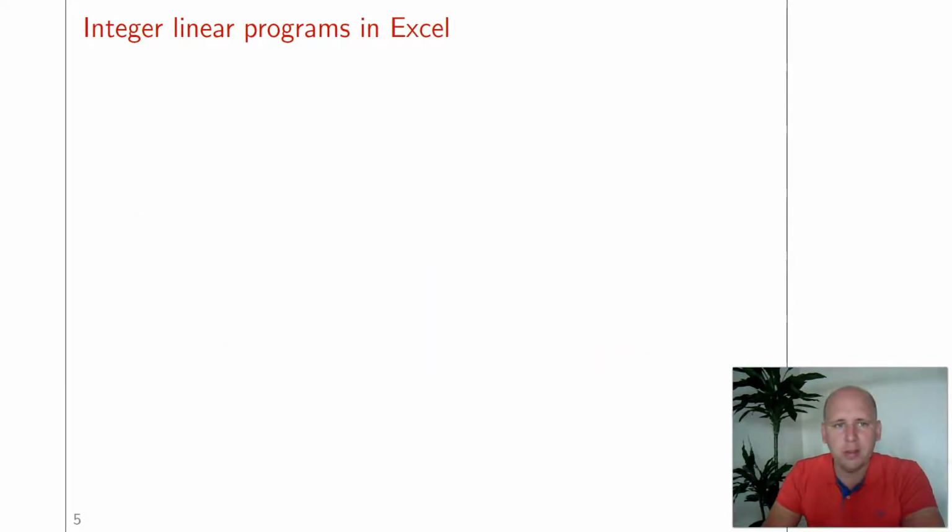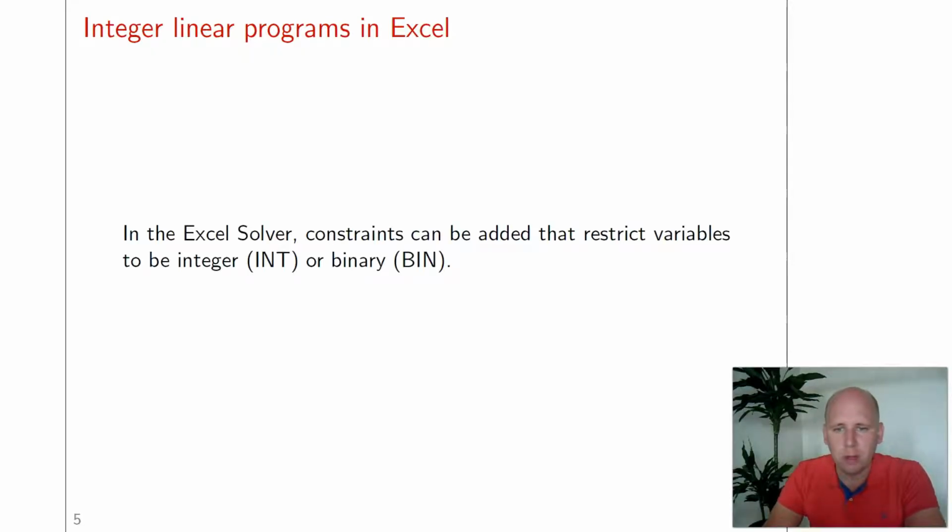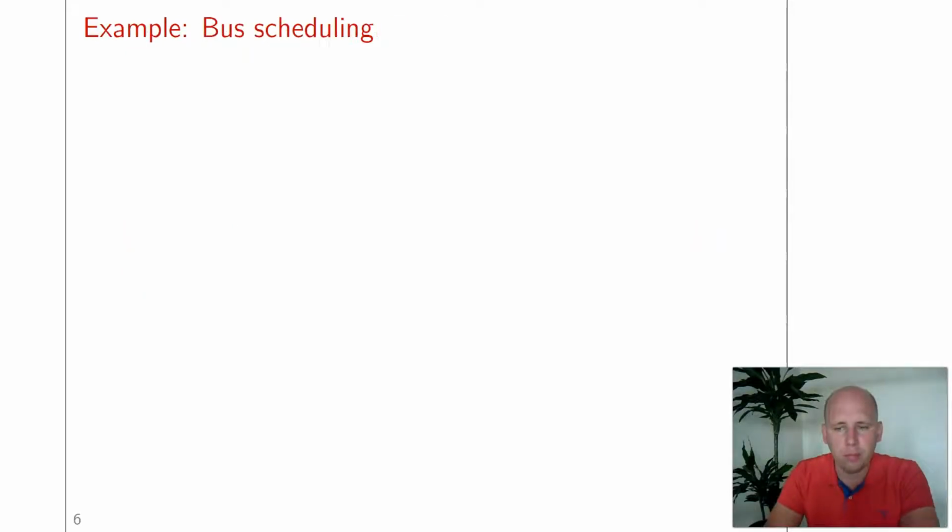If we have formulated an integer linear program, then we can solve that by using Excel, and therefore we can use the int function in the Excel solver if we would like to restrict variables to integer values, and we can also restrict variables to binary values by using the bin function in the Excel solver.